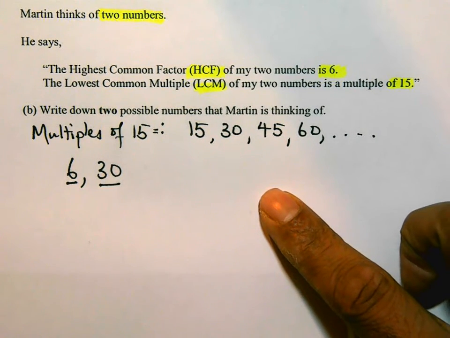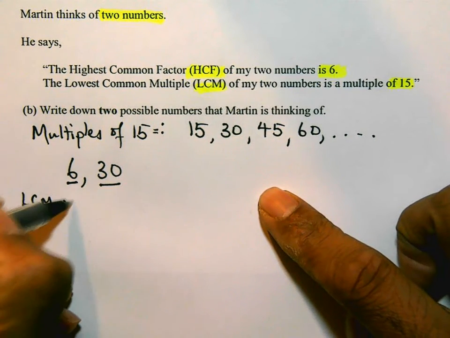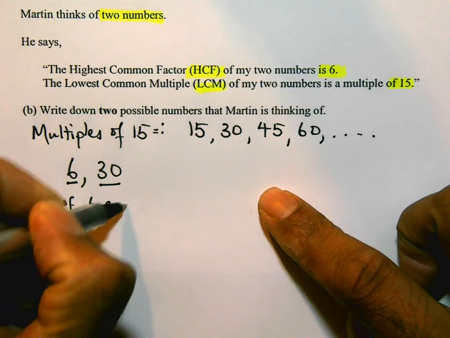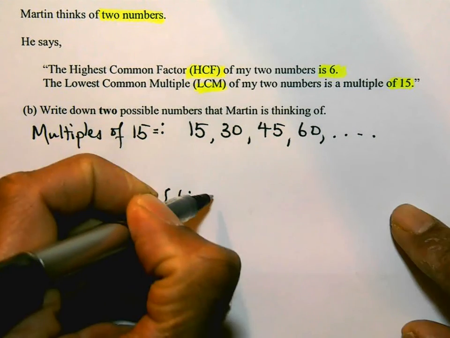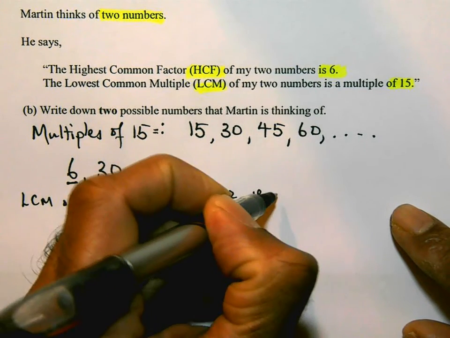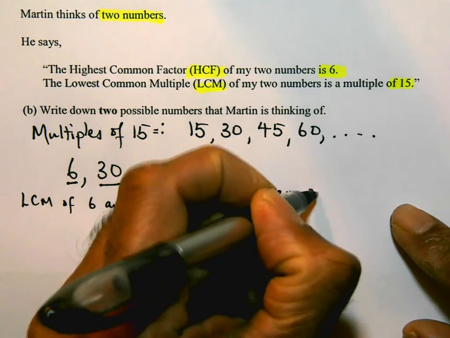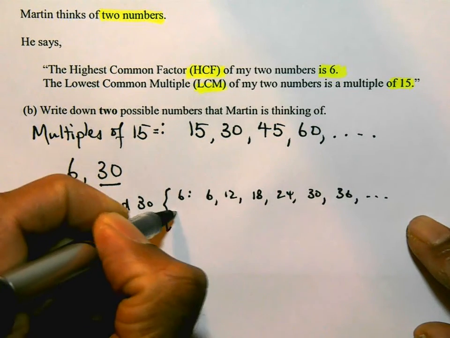Now I'm going to check this. I'm going to think about what's the LCM of 6 and 30. So what are the multiples of 6? 6, 12, 18, 24, 30, 36, and so on.